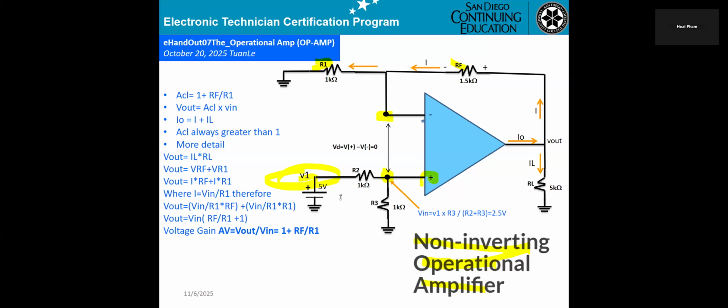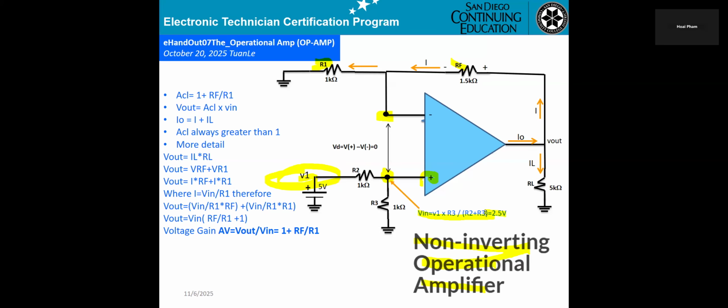They gave you 5 volt V1 and two resistors, R2 and R3. You can use a voltage divider to calculate the V in. V in equals 5 volt times R3 divided by R2 plus R3.